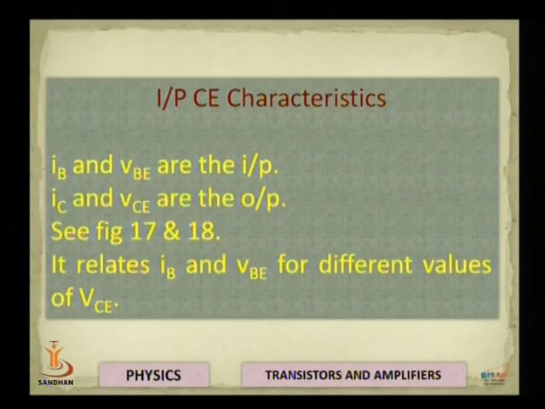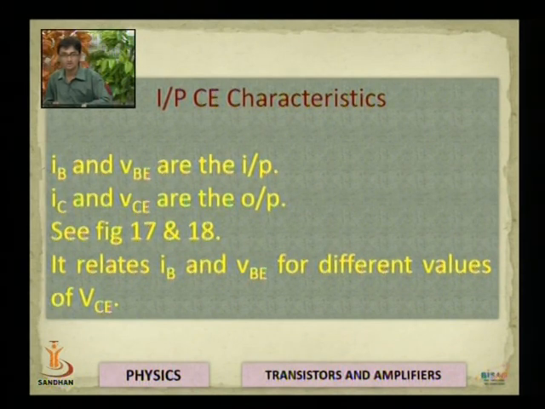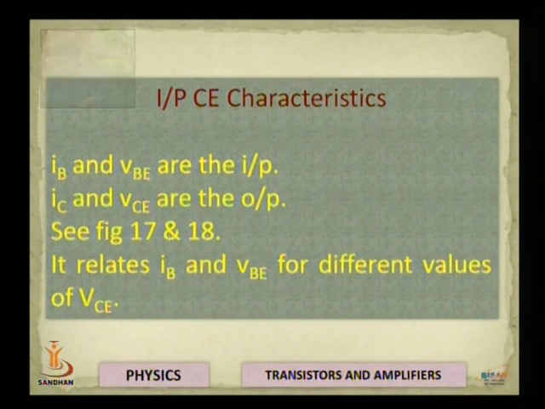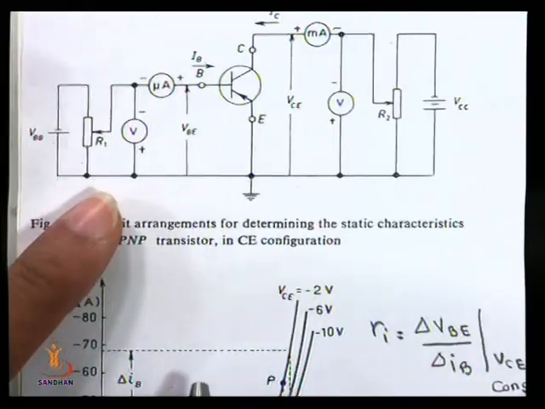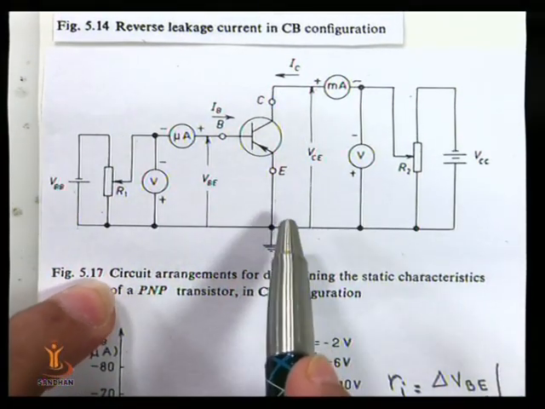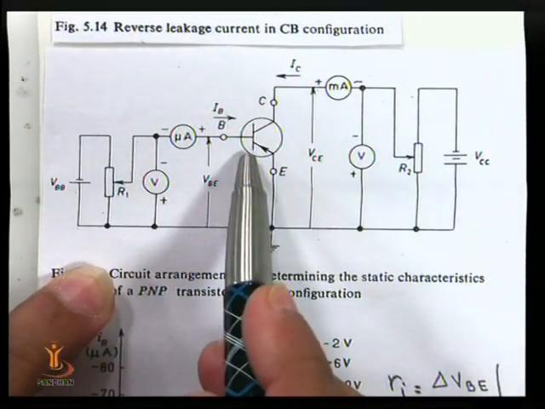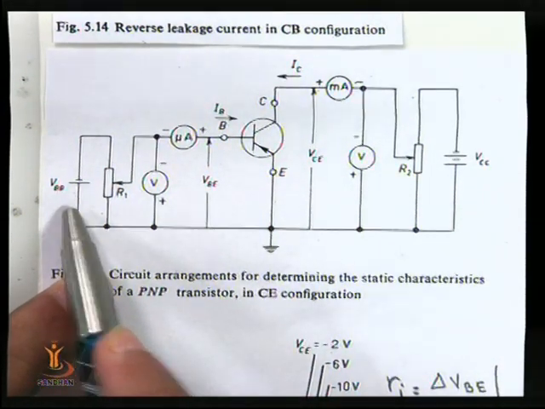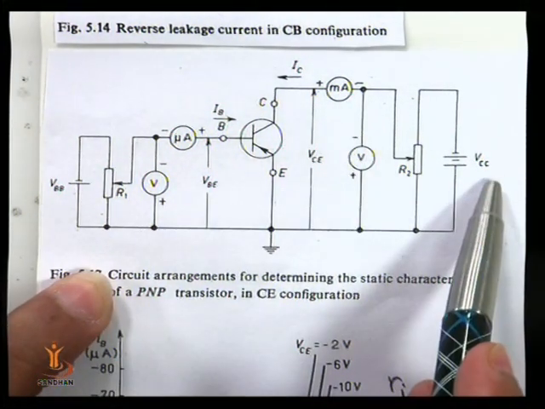Now the input characteristic for the common emitter configuration. Here we need to see two figures, that is figure number 17 and figure number 18. So here is a common emitter configuration. The base is supplied by VBB and the collector is supplied with VCC.